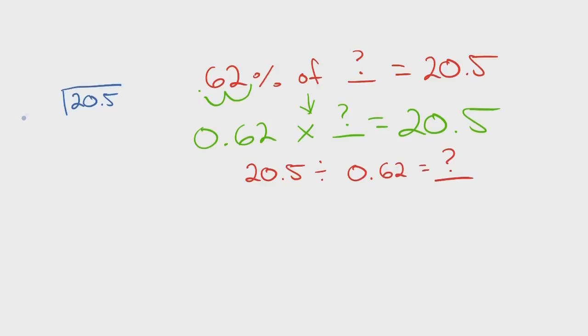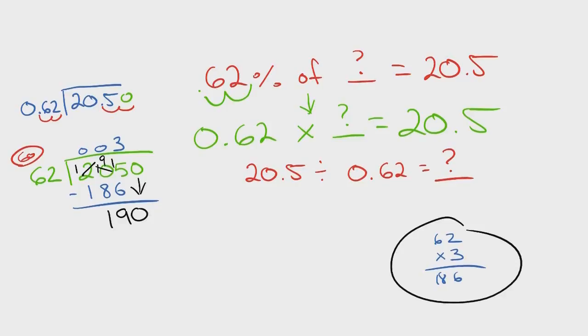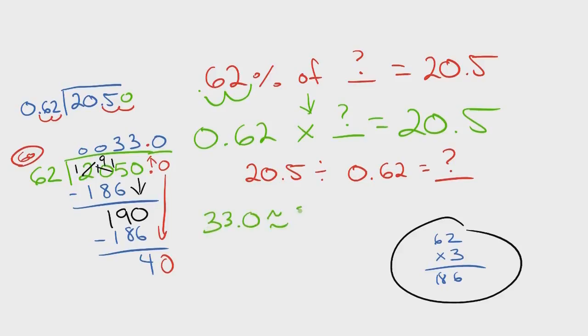20.5 divided by 0.62. And I could stop there because we're only rounding to the nearest whole number, and 33.0 is approximately 33.